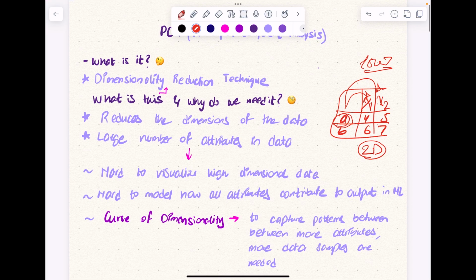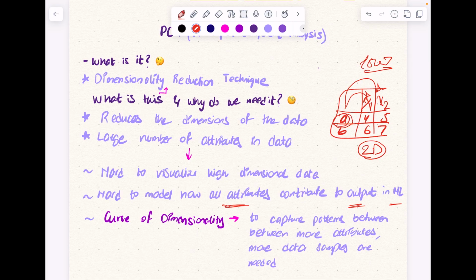Another concern is that it becomes hard for us to see how all of these attributes contribute to our output in machine learning. A common issue that arises is called the curse of dimensionality problem. If I have more attributes, I want to capture more patterns. For me to be able to capture more patterns in my data because of having more attributes, I need more data samples.